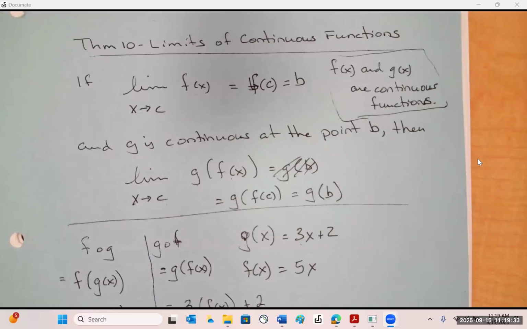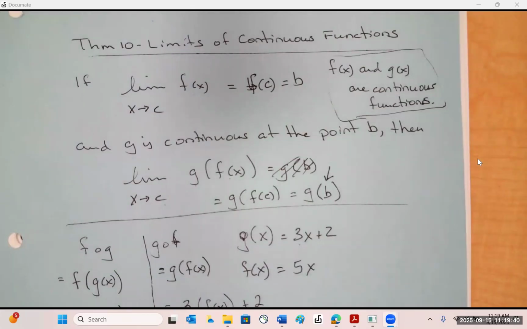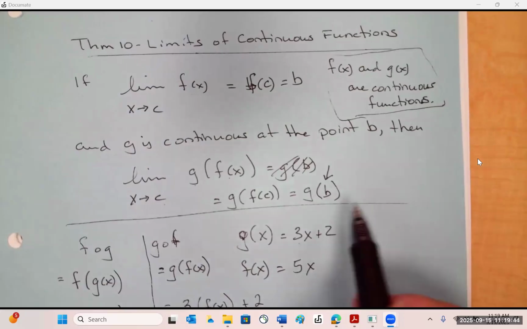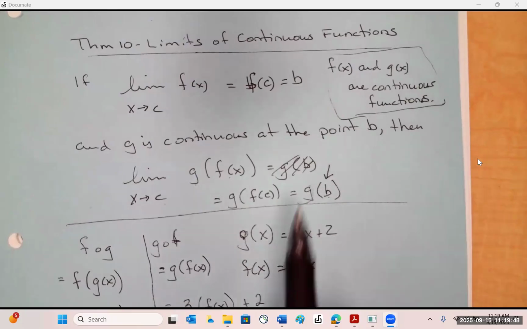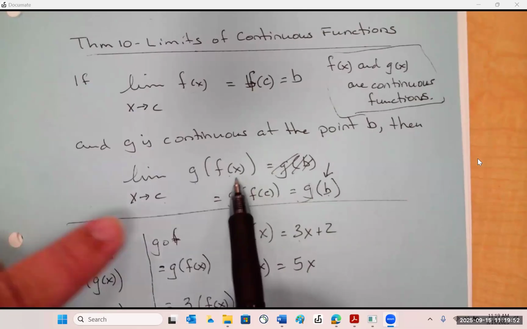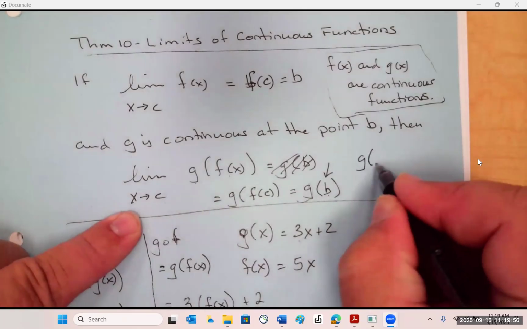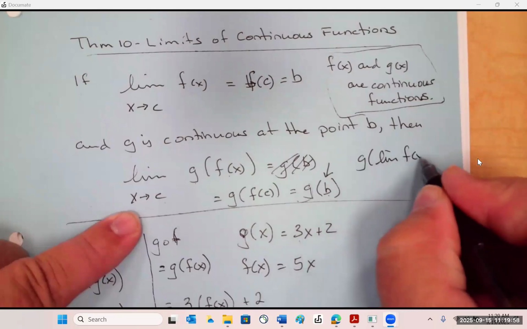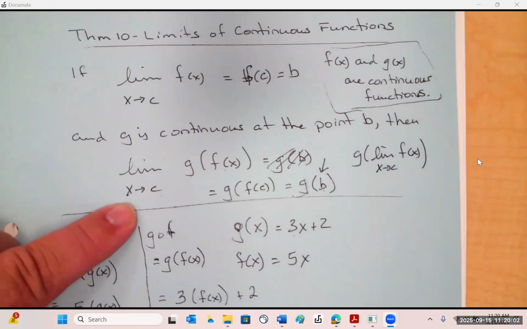Now, what does that mean? We take the limit to find the inside function, and then we just take the outside function. You notice it doesn't say take the limit of g. What this really means is the g of the limit of f of x as x approaches c.